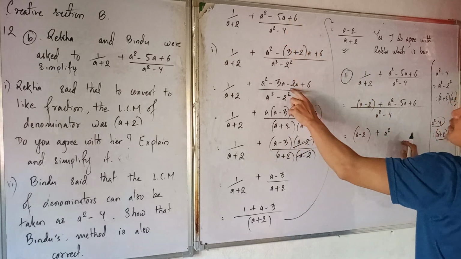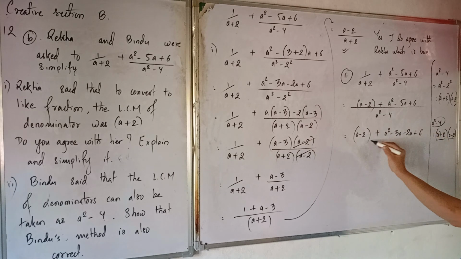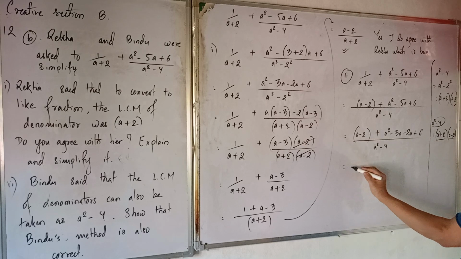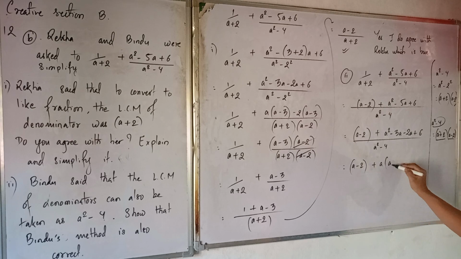From here I'm just writing minus 3a minus 2a plus 6 all divided by a square minus 4. Now a minus 2 plus a minus 3, minus 2 common, a minus 3.